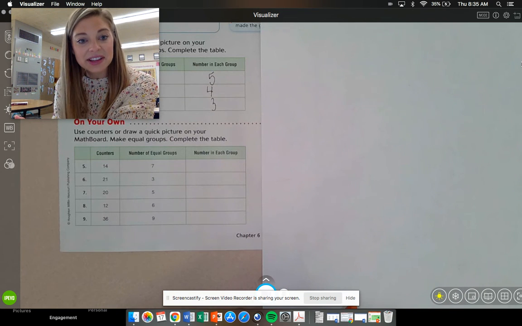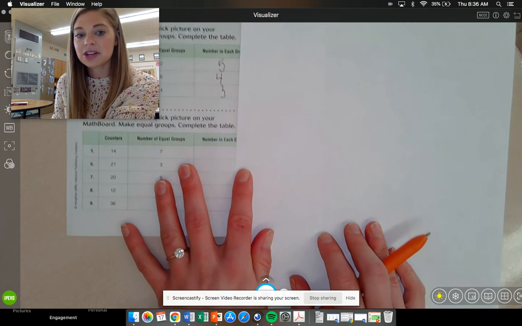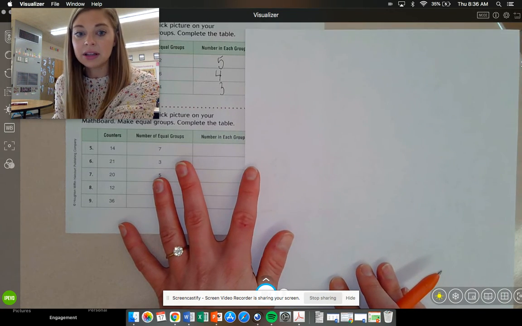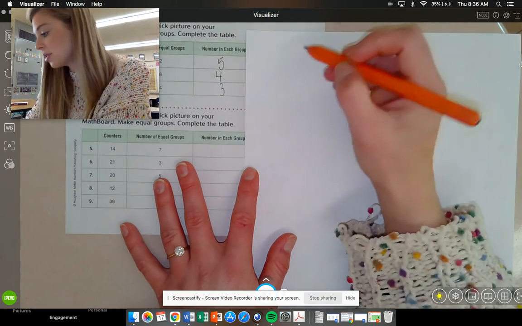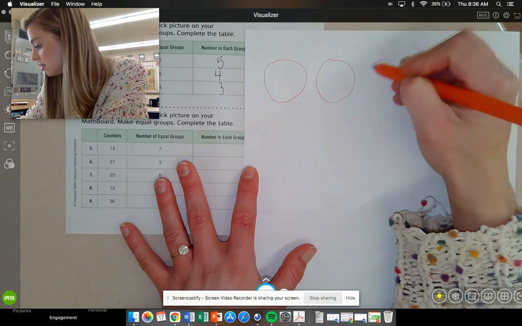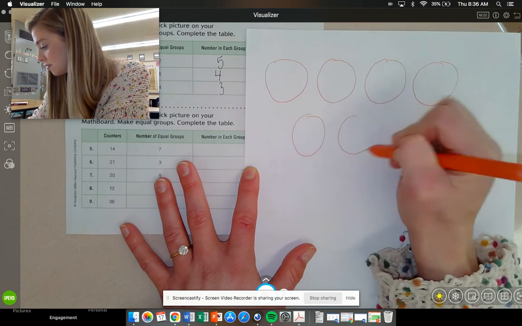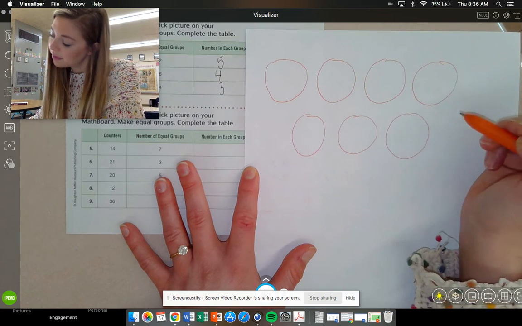Okay, now that you have your answer, let me do the problem, and we'll see if you get the same answer as I will. So I have 7 equal groups here, so that's my first step, is to draw my equal groups. A lot of groups this time.